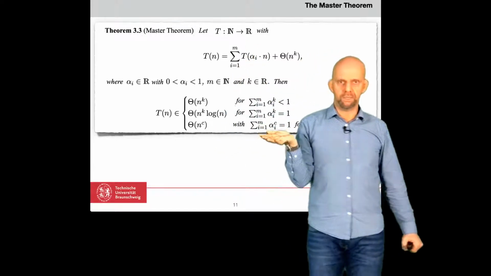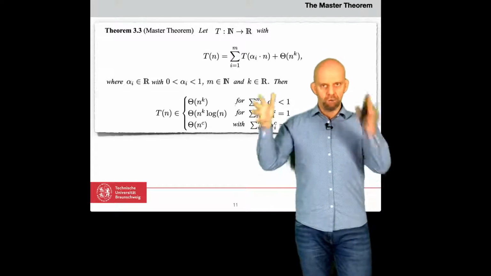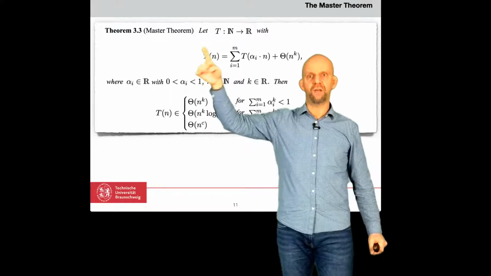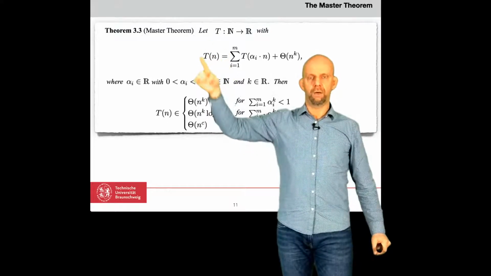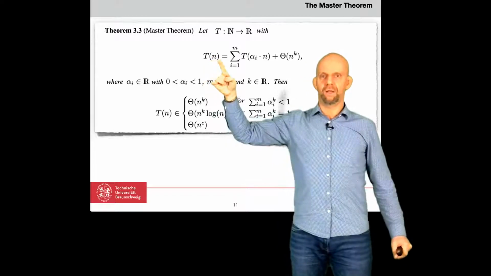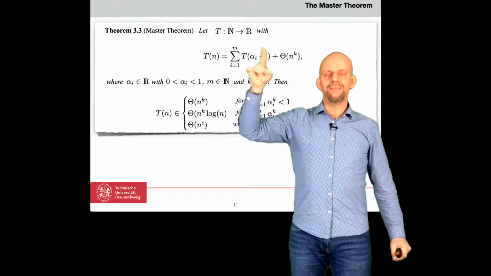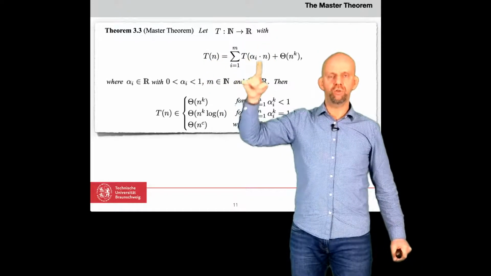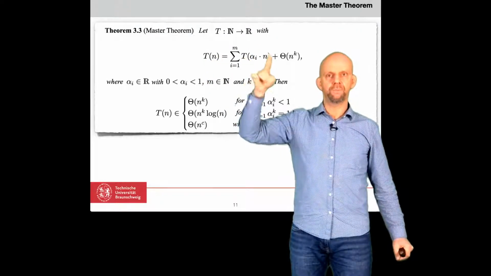Well, that's a typical thing that happens in divide and conquer. You have your problem of size n. That's the runtime of an algorithm that's run on an instance of size n, and then you did some divide and conquer magic, cut it down to smaller subproblems.